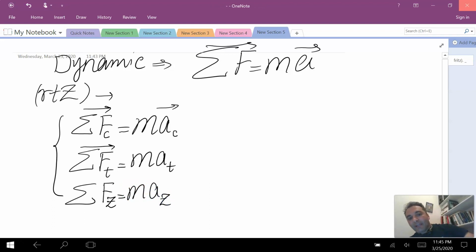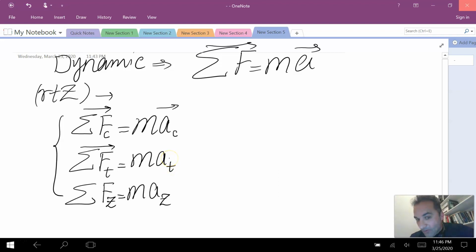That means radial acceleration, tangent acceleration, and acceleration on the z-axis. If the object doesn't go up and down, if it has no motion on the z-axis, what does that mean? This means a_Z is 0, correct?